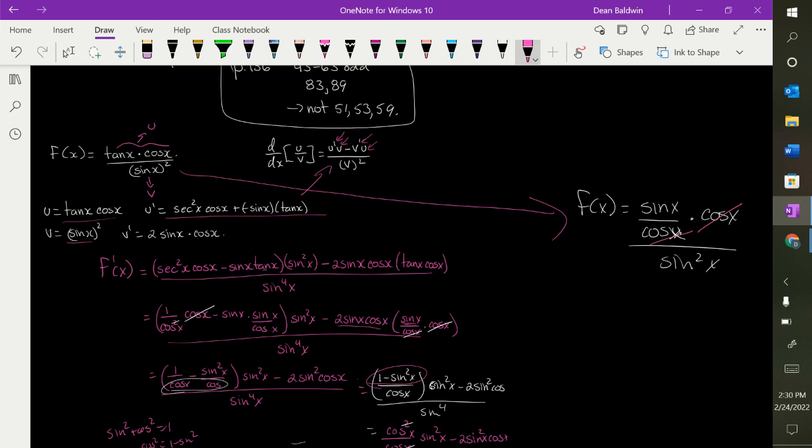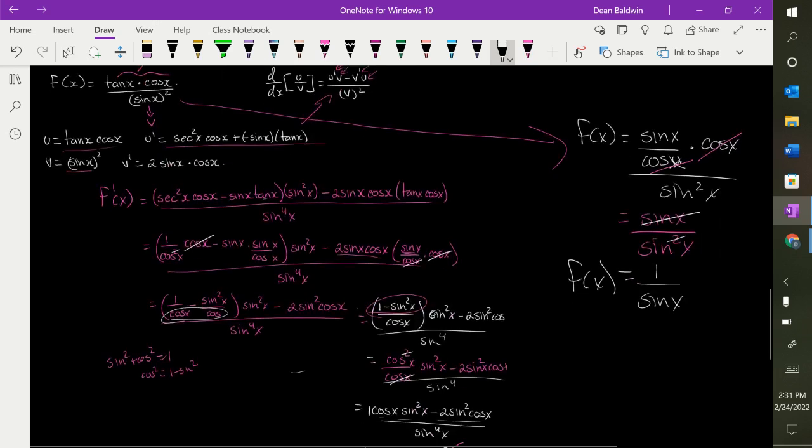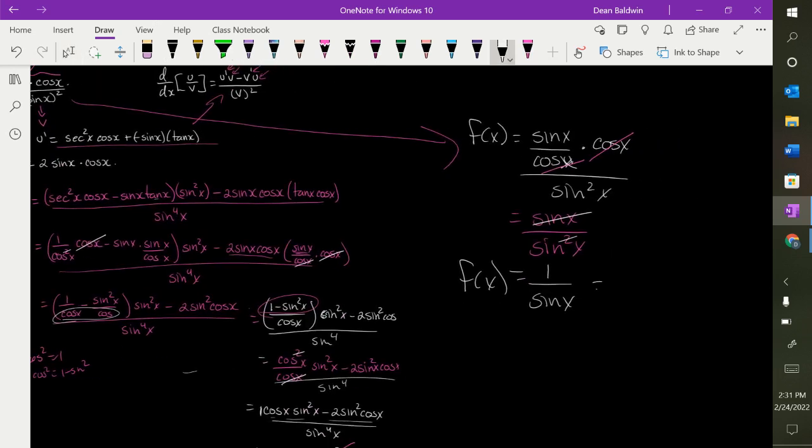That disappears. I have sine of x over sine squared of x. So then obviously that's gone. One of those is gone. I'm left with 1 over sine of x. Now, you can do that derivative by just going, that's sine of x to negative 1.